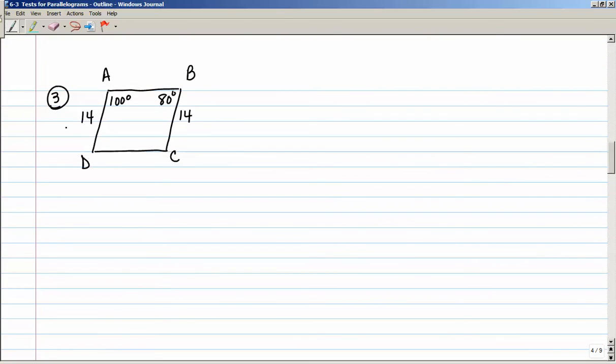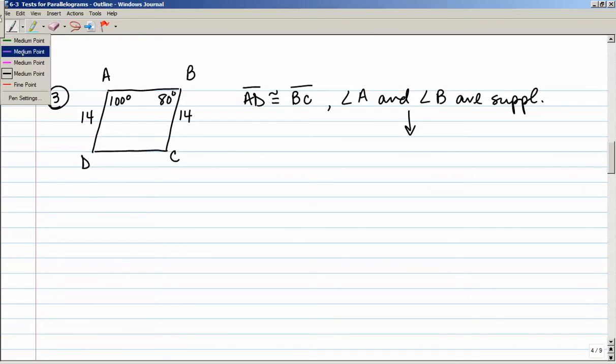Number 3, here we have one pair of opposite sides congruent to each other. So we have AD is congruent to BC. And we have angle A and angle B are supplementary. Now, technically speaking, that wasn't one of the theorems, but if angle A and angle B are supplementary, then those are actually consecutive interior angles, and this would be your transversal.